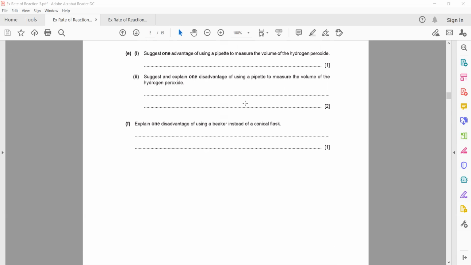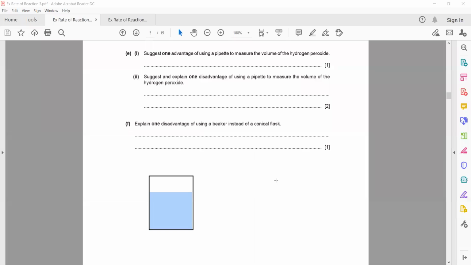Question number 2, part F. What is the disadvantage of using a beaker instead of a conical flask? Basically, when you have a solution in a beaker, it is difficult to mix or shake the solution.